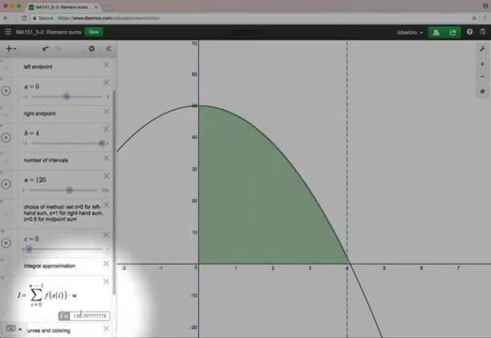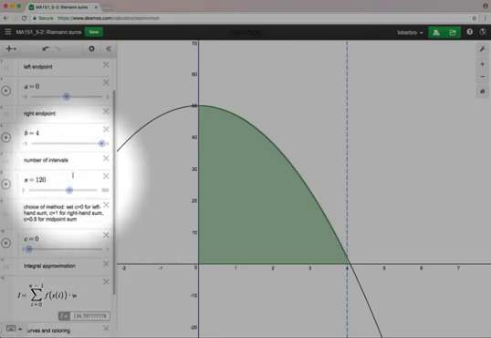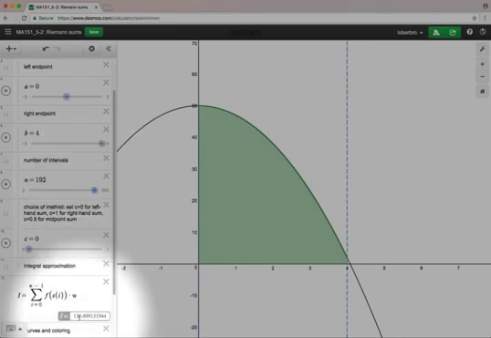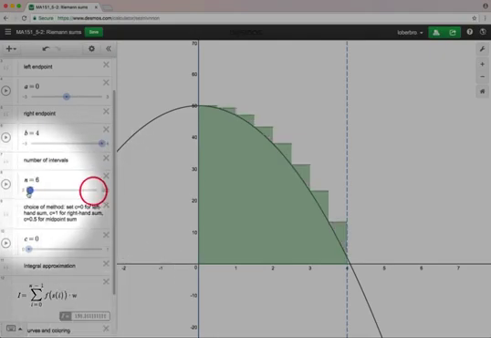And this is fancy notation for adding up all the areas of these rectangles, and we look for a pattern like we did with velocities in chapter 2. Do we see a pattern of these numbers? It looks like it might be getting close to maybe 136, 136.5, hard to say.